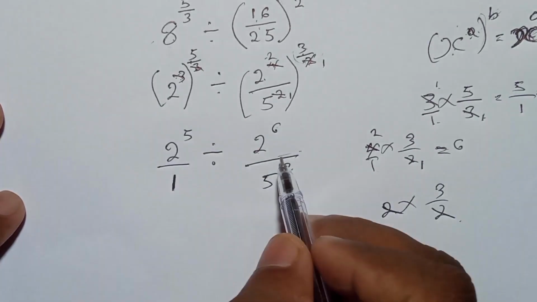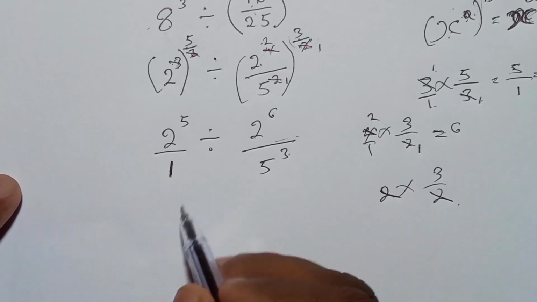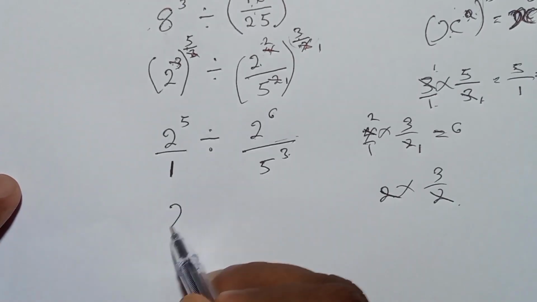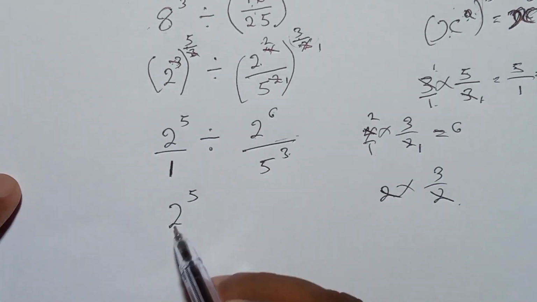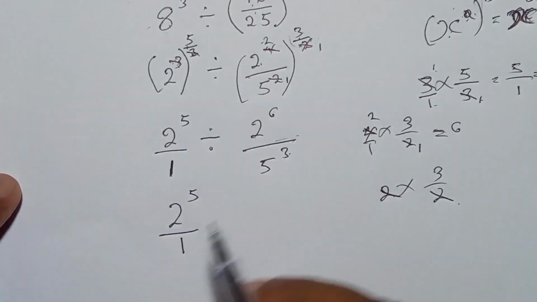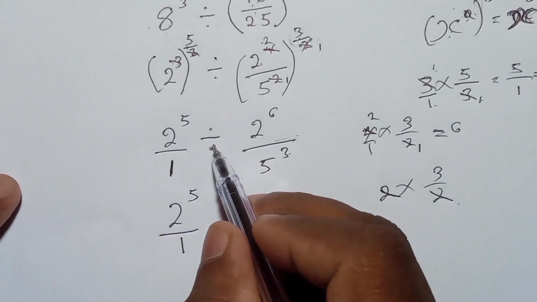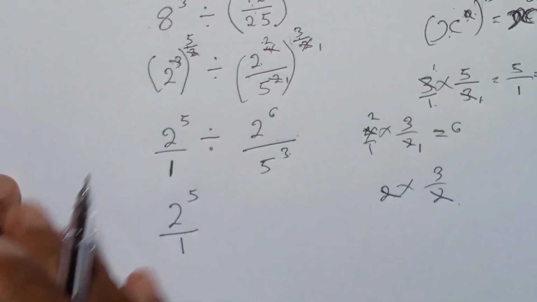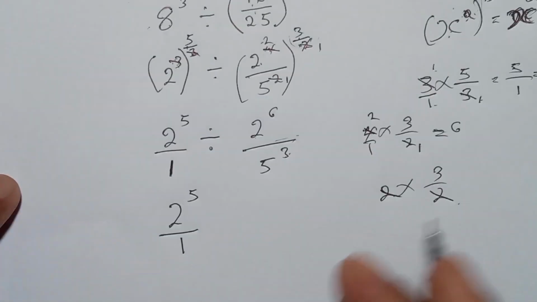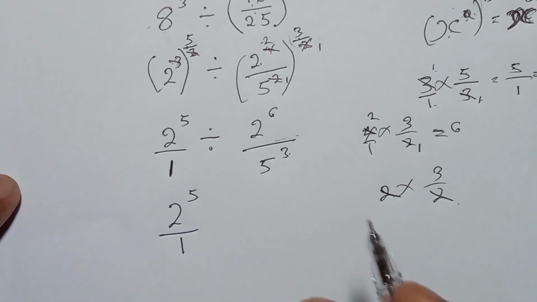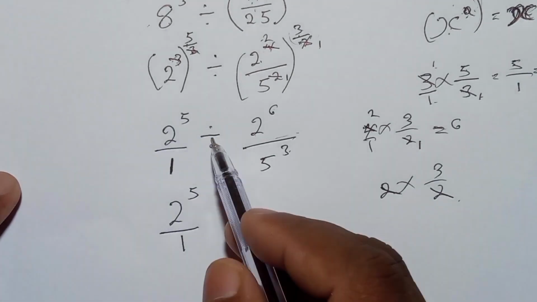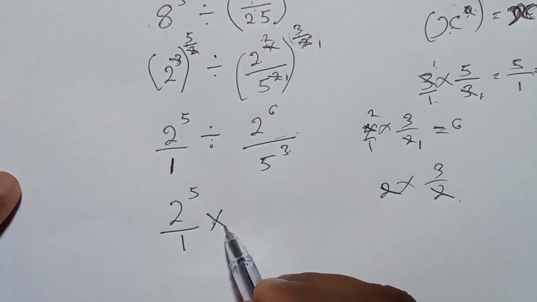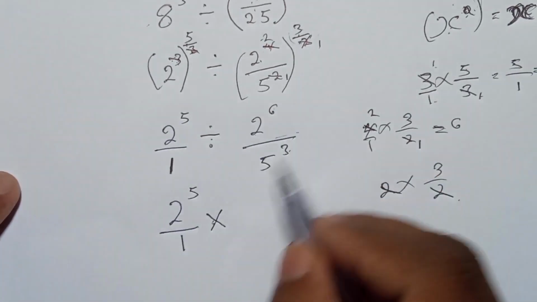Now fraction divided by fraction, you know what to do, but we keep the first fraction the same. Keep in mind the first one, this fraction you can't change, you need to keep it the same way. When you have a fraction divided by another fraction, we always do this: the first fraction stays the same, this division sign we change to multiplication, and this fraction we get the reciprocal.